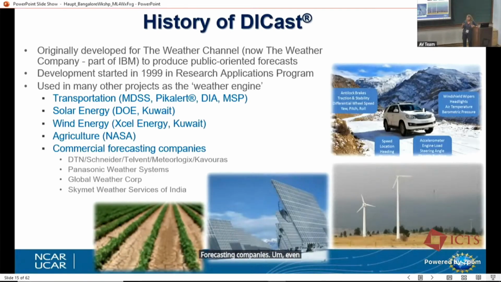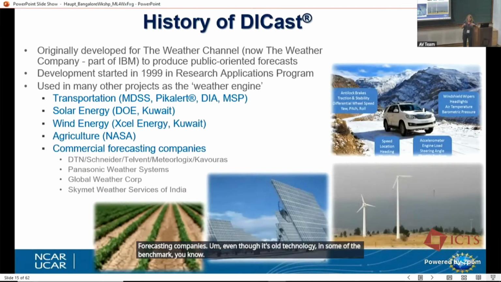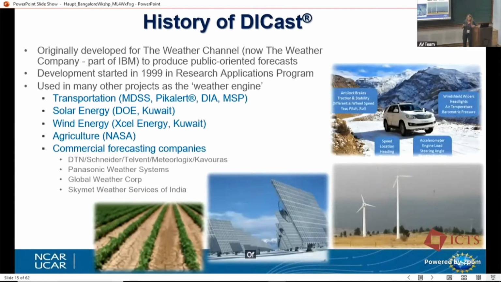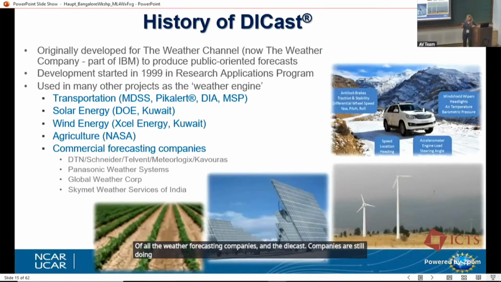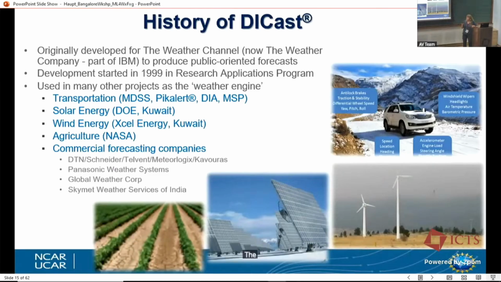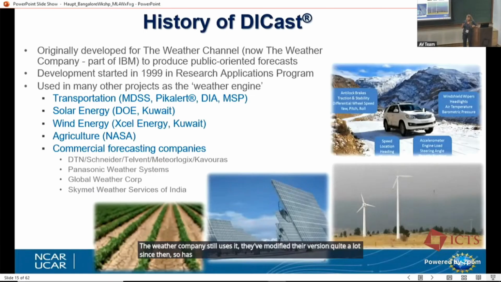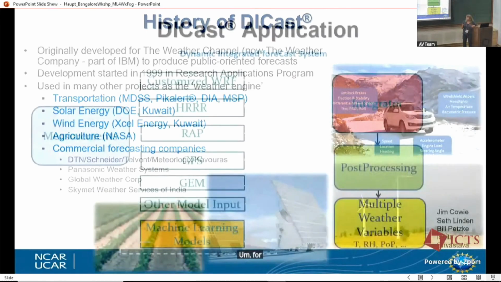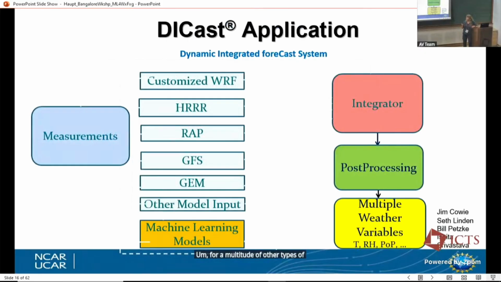Even though it's old technology, in some of the benchmark assessments that they commonly do of all the weather forecasting companies, the DICast companies are still doing well. The Weather Company still uses it. They've modified their version quite a lot since then, so has NCAR, for a multitude of other types of clients.